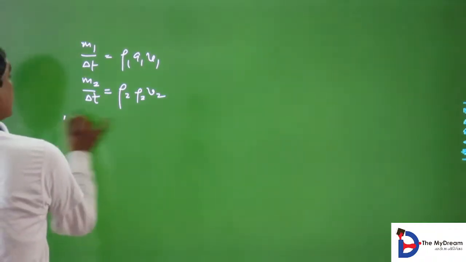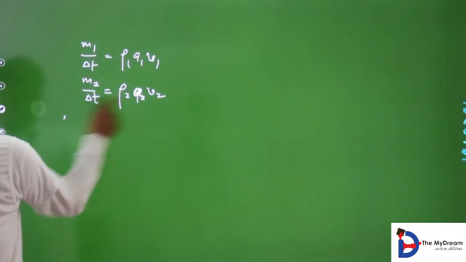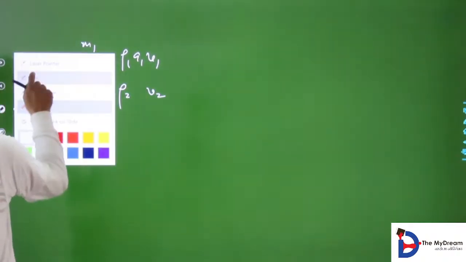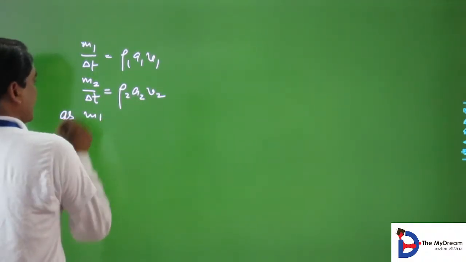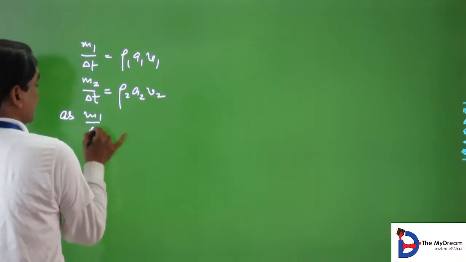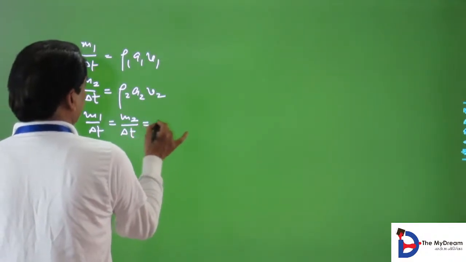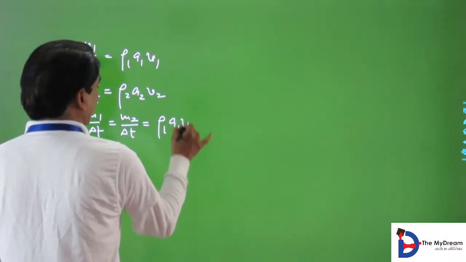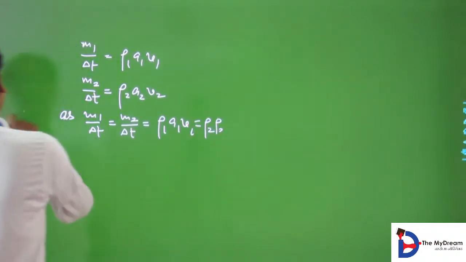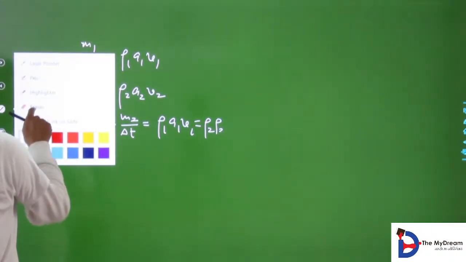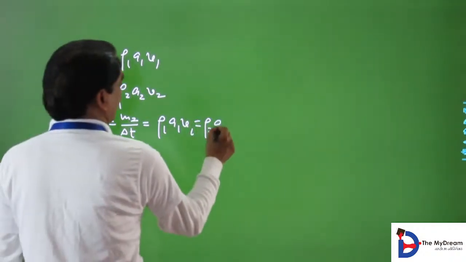As the mass flux is the same, you can write rho 1 A1 V1 is equal to rho 2 A2 V2.